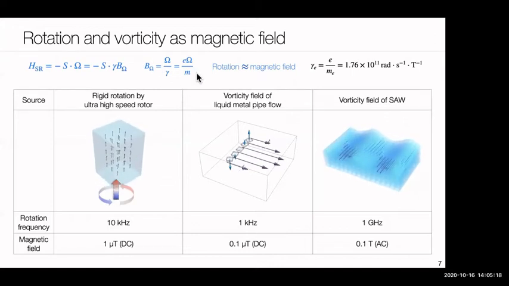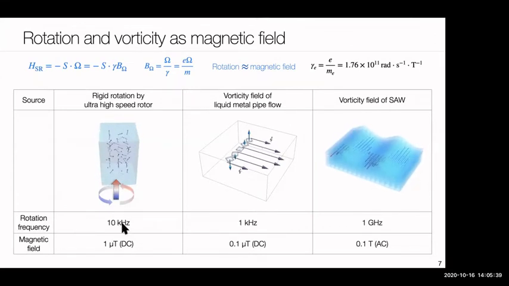So the important point here is that rotation is a kind of magnetic field. If you use rigid rotation with an ultra high speed rotor, we can access up to the 10 kilohertz frequency regime, which corresponds to a 1 micro Tesla magnetic field.